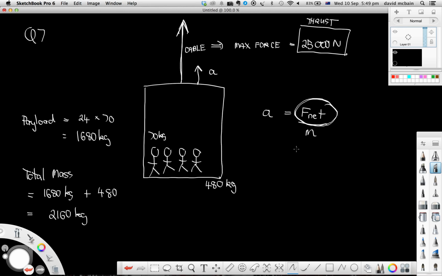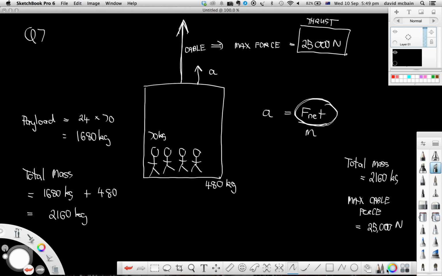So in order to do that, we need to identify all the forces acting. So I'm going to draw another diagram, and we'll just get our data on the right hand side here. So we know that the total mass is 2160 kilograms, and we know that the maximum thrust force, or the maximum cable force, equals 25,000 newtons.